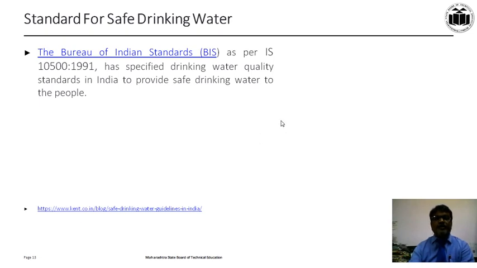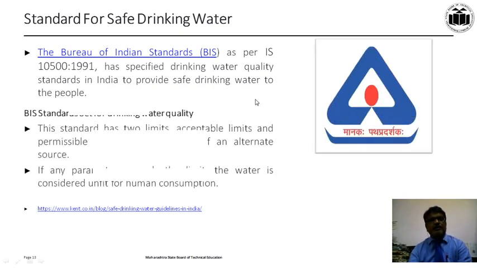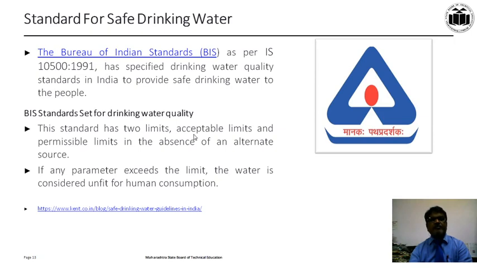Now the Bureau of Indian Standards has specified some quality standards for the safe drinking water provided to the consumer under Indian Standard 10500:1991, and this standard has two limits, acceptable limit and permissible limit in the absence of an alternative source. But if any parameter exceeds the limit, the water is considered unfit for human consumption.